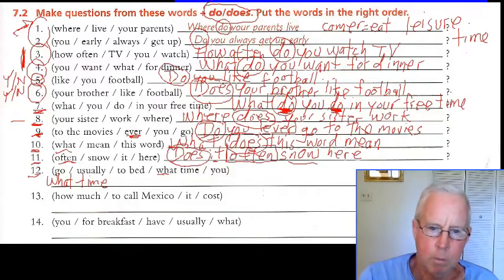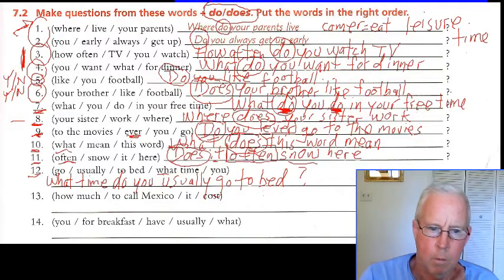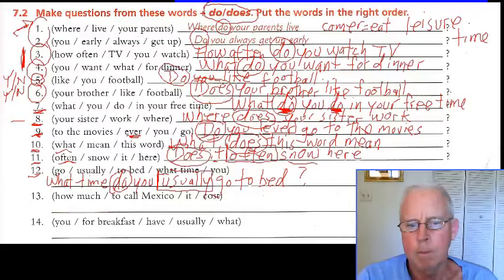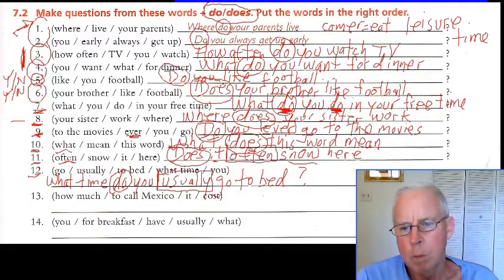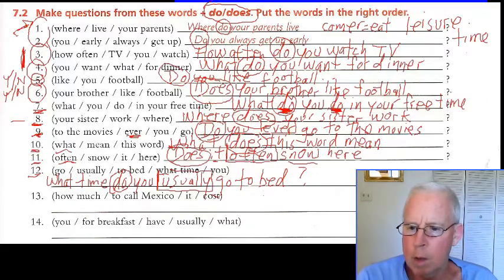So, what time do you usually go to bed? What time do you usually go to bed? Answer: early, late, 8 o'clock, 10 o'clock.